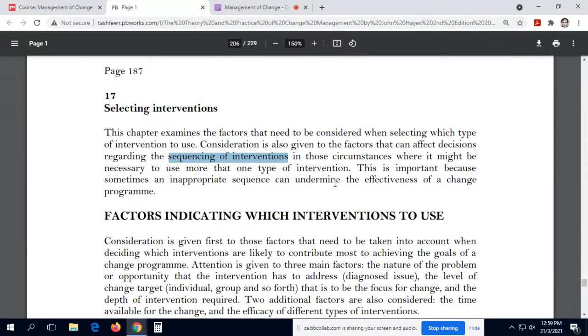Any book you pick up is going to give you different models which you can implement as you are going through a change scenario. So the sequencing, which one would come first, what you want to do first, second, third, that is also very important. The sequence of activities.